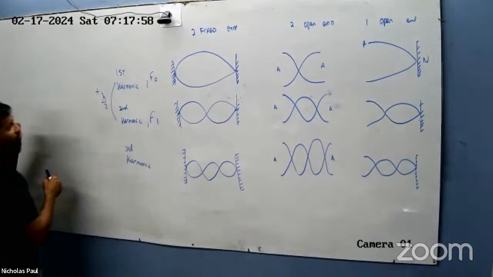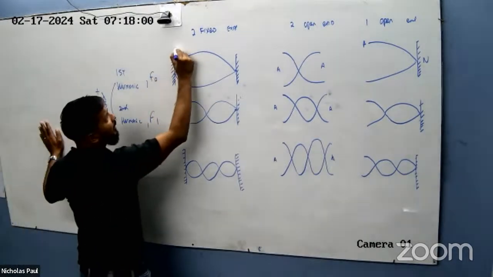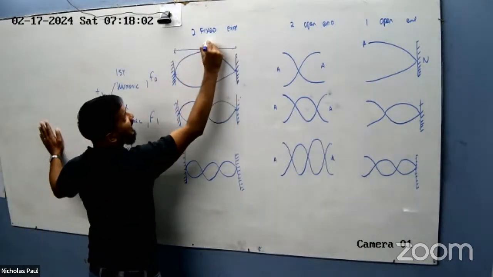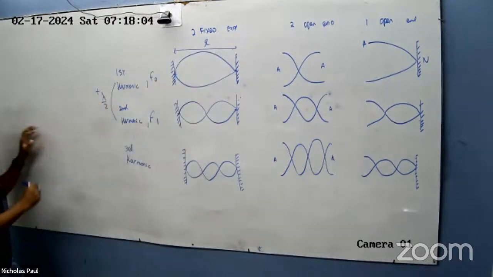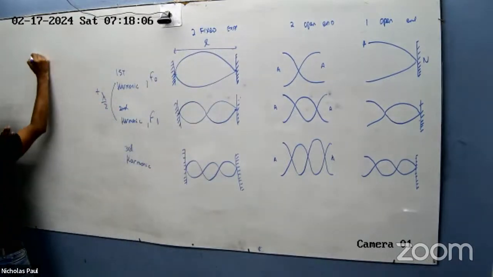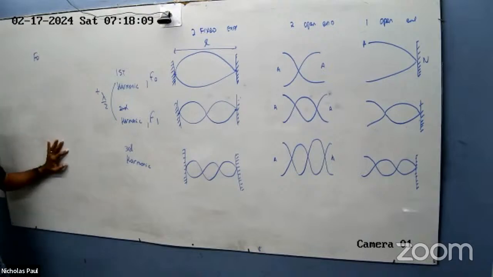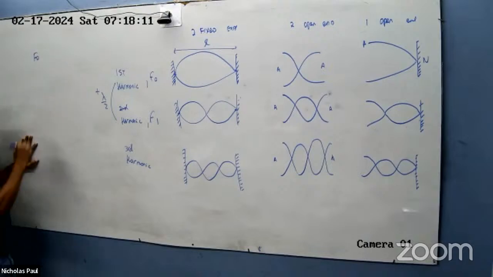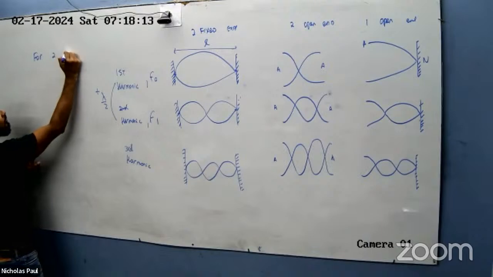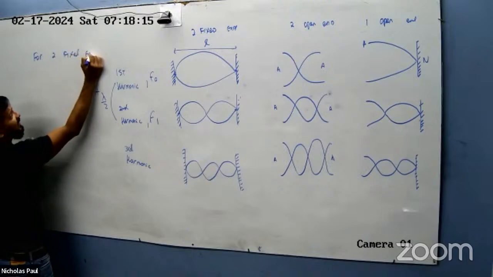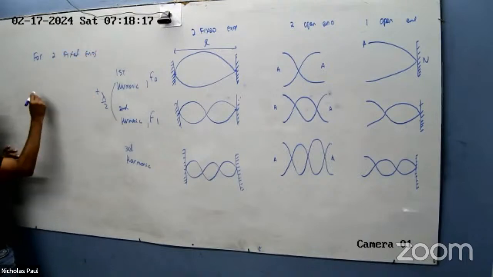So watch this here. Let us say this entire length here is L. I'm using it for two fixed ends, but it will work for any one of these examples.